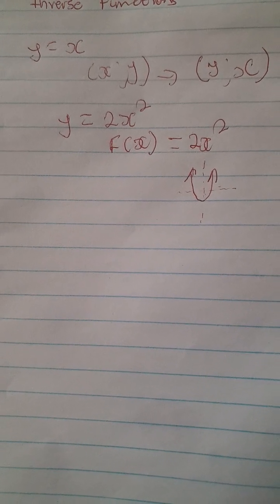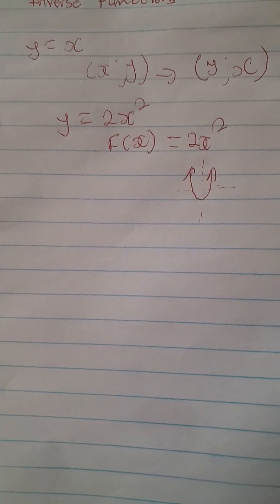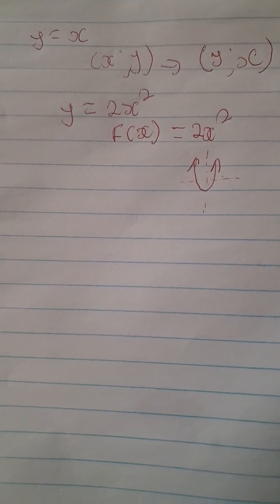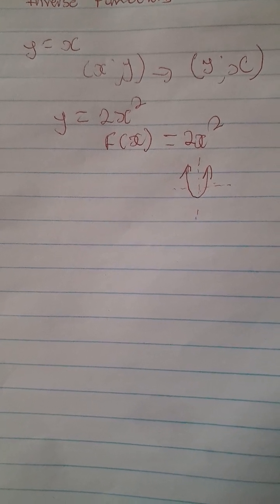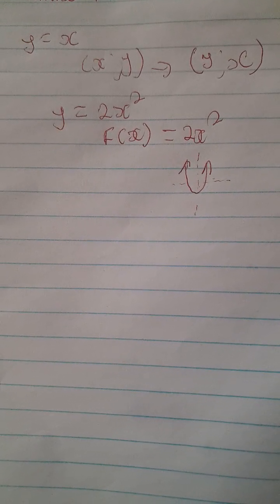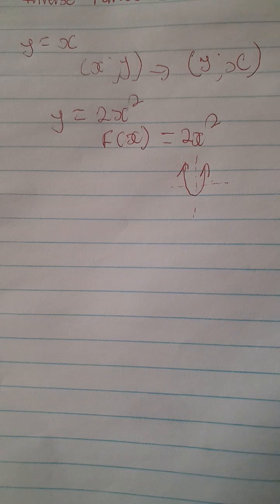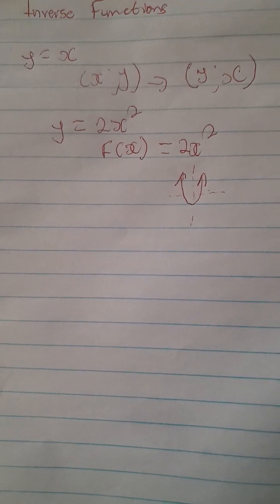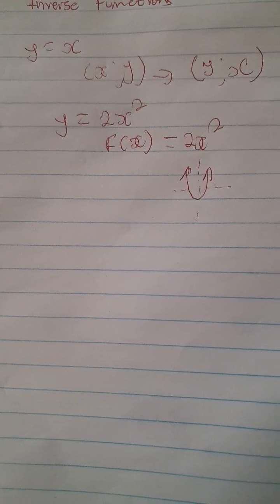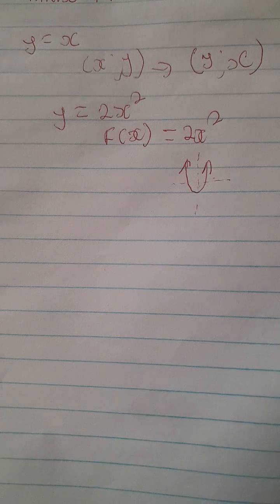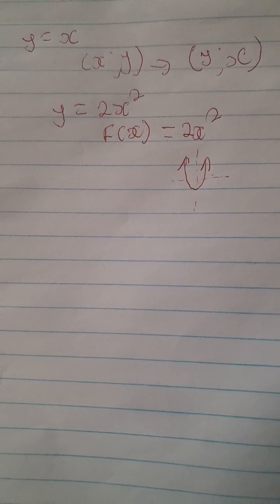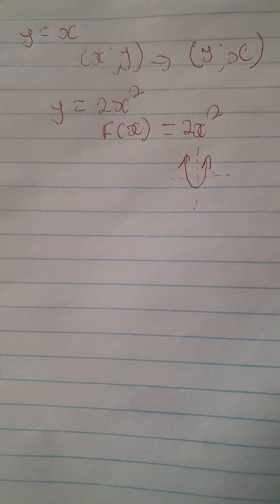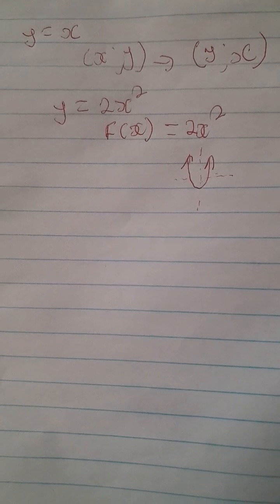Is the inverse of f a function? They're talking about this parabola. Then you would answer no. The inverse of a many to one function is a one to many relation.